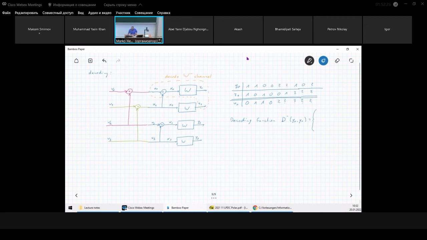You could say it's the modulo 2 sum of y0 and y1 for these first four cases, or an XOR.